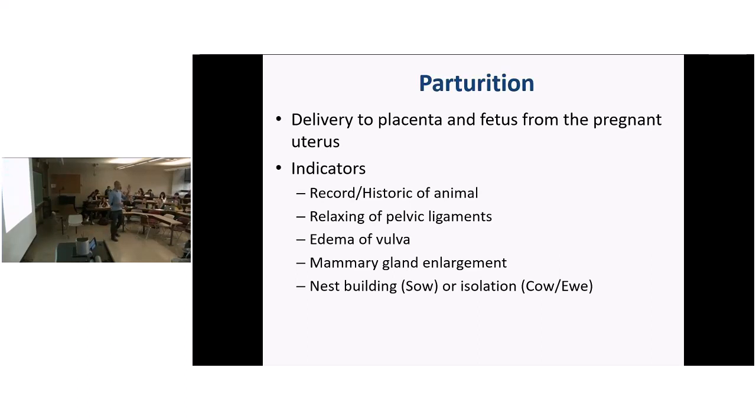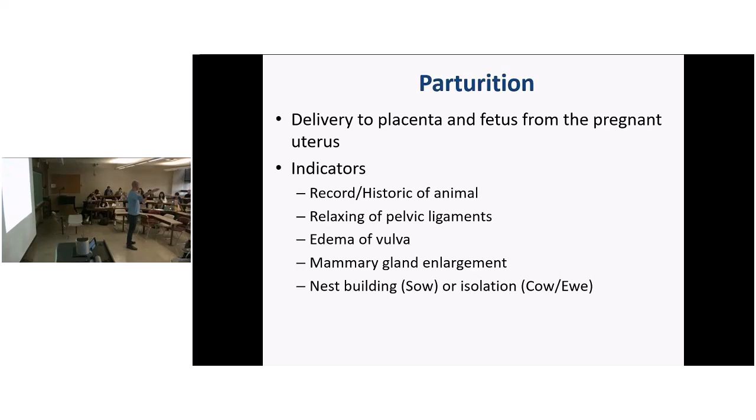So for example, if you do pregnancy diagnosis in most of the domestic species, by 60 days more or less in cows and mares, or by 30 days or so in sheep, you can determine the gestation by the day. You can palpate the cow, or palpate the mare, or do an ultrasound and say, this fetus has 35 days, 36 days, whatever. Okay, so that's how precise you can be.